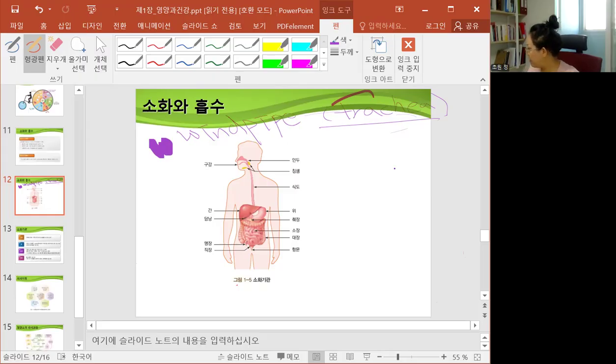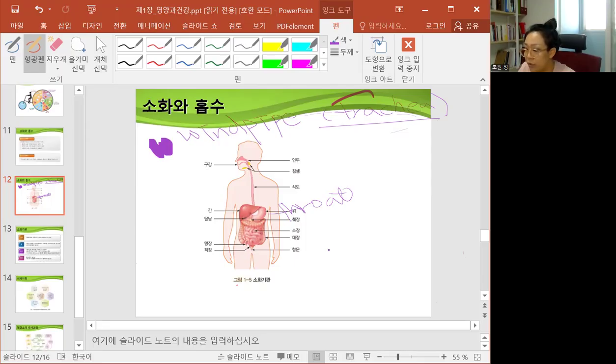25 centimeters long. The esophagus does not digest food, but it transports it from the throat to the stomach.